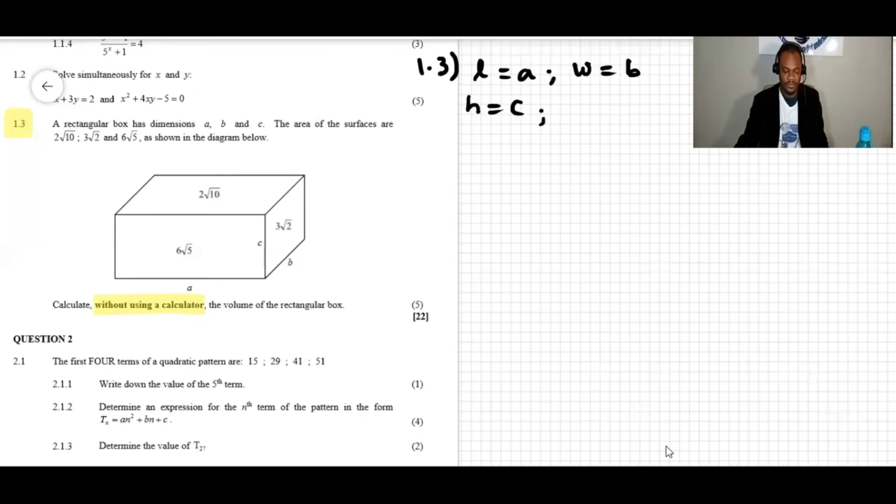Over this side we can call it AC. This part is AC, which is given by 6 root 5.